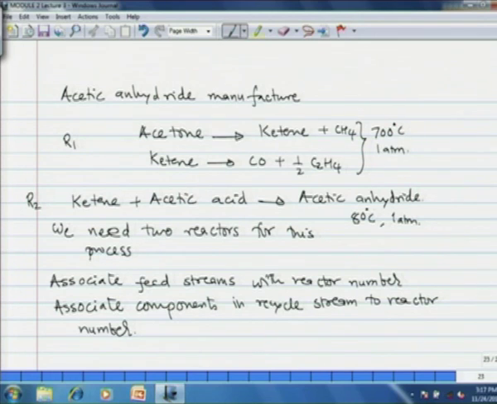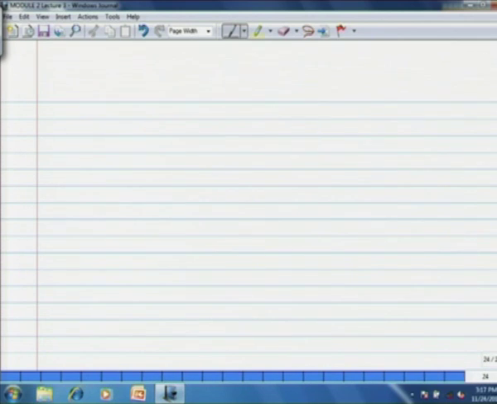Now, we have to decide the number of recycle streams. We use the same thumb rule as we used for deciding the number of product streams, that it is never beneficial to separate two components and remix them.